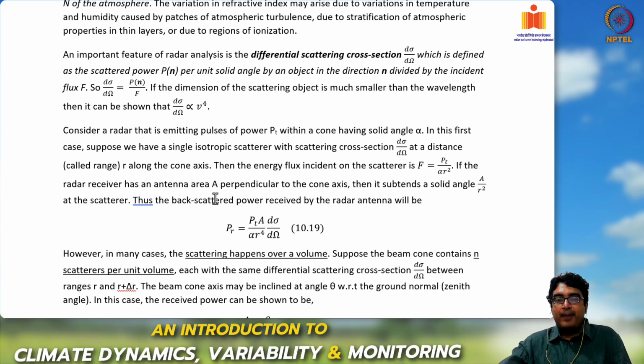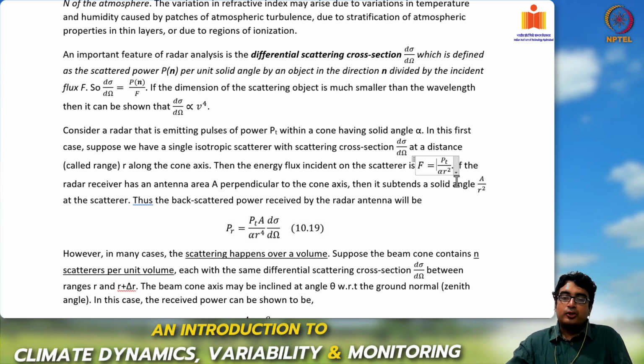Thus, the backscattered power received by the radar will be Pt by alpha r square, which is the flux, into A into d sigma d omega. Remember, d sigma d omega is Pn by F, right? So the F cancels out, and you have A into Pn.